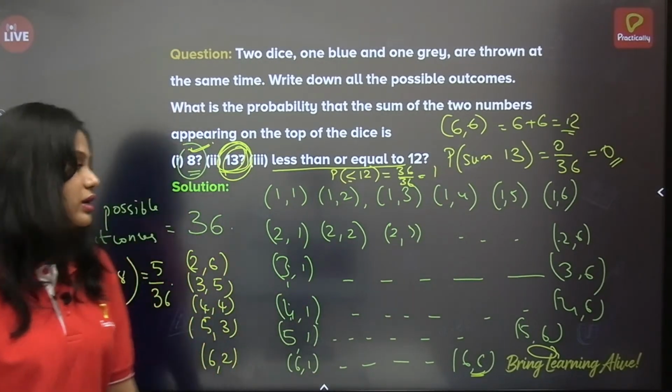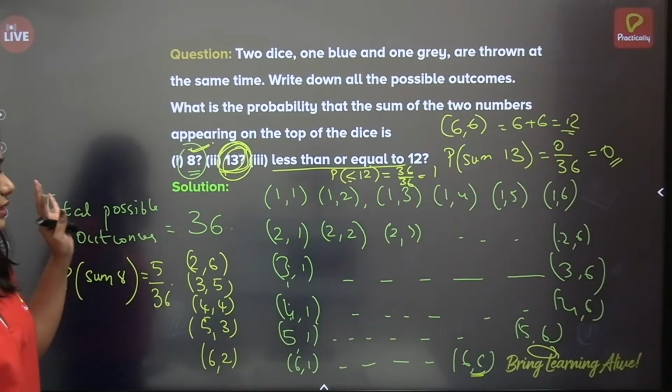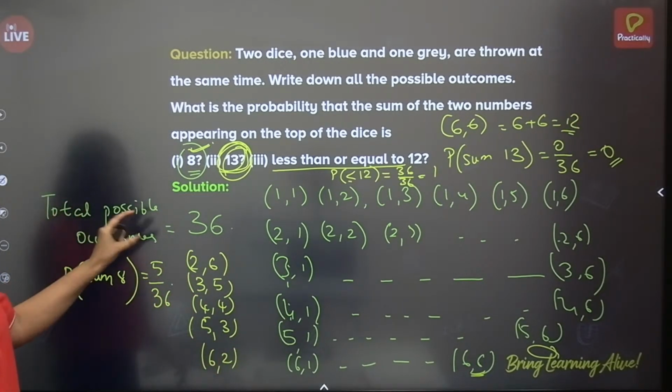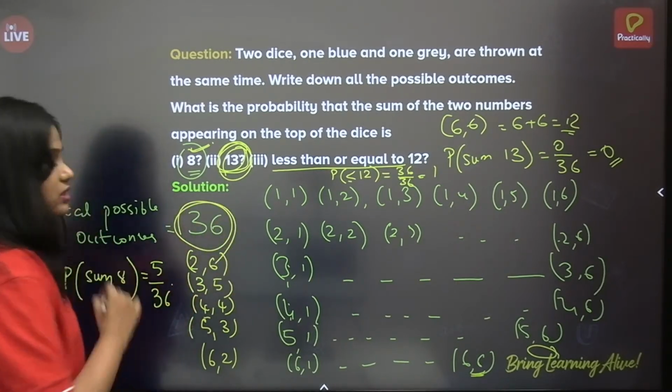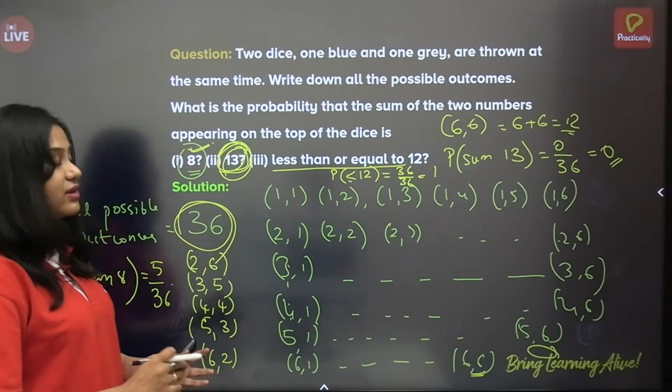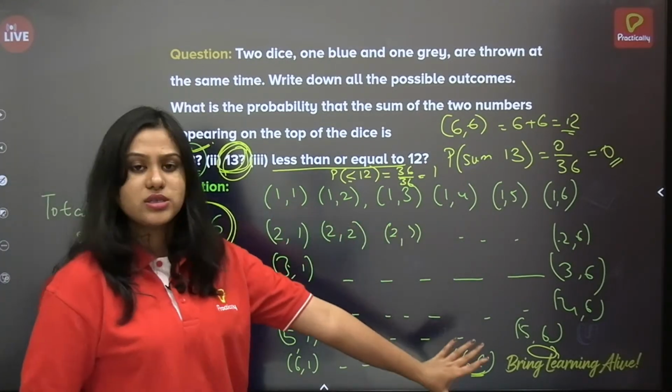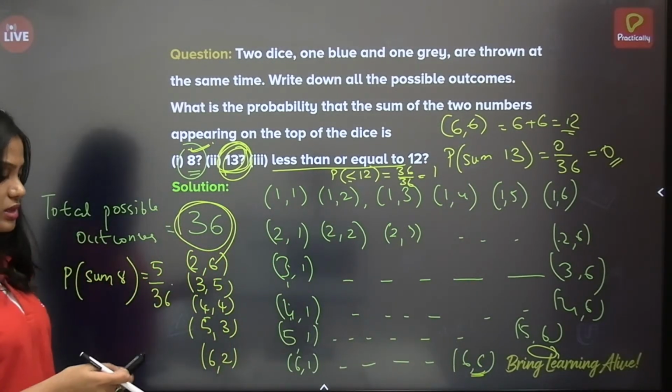Okay. So this is about the dice. When 2 dice are rolled, how many possible outcomes are there? 36. Always remember, and when they ask you to list down all the possible outcomes, you can list it in this way. Right? Next.